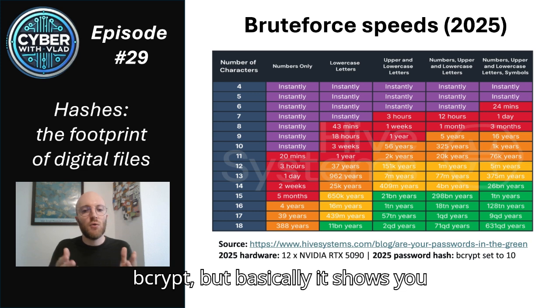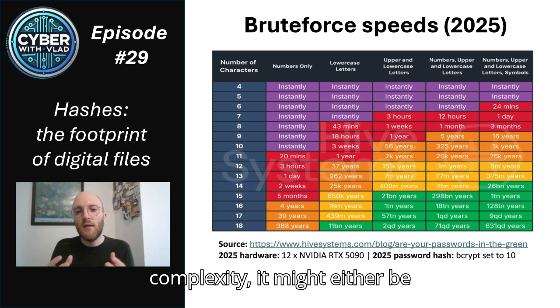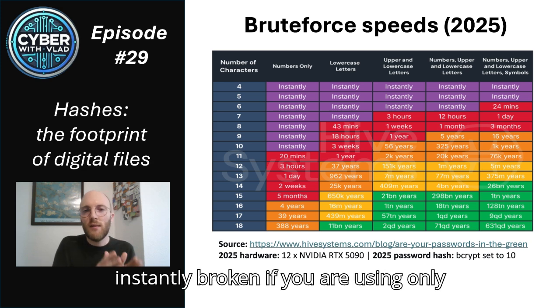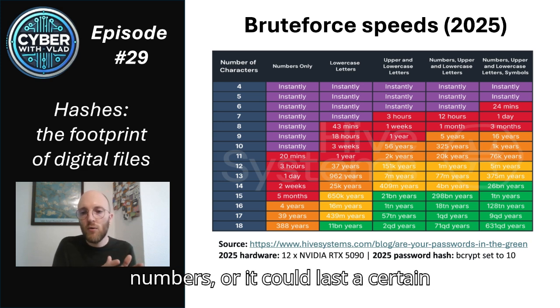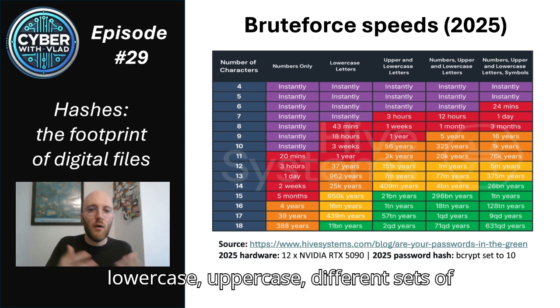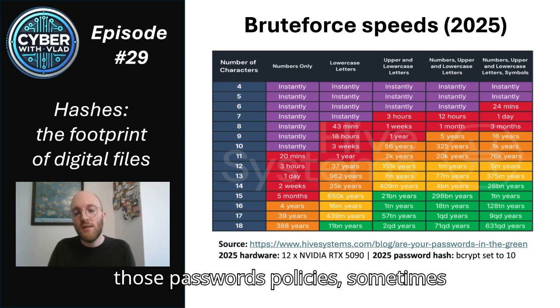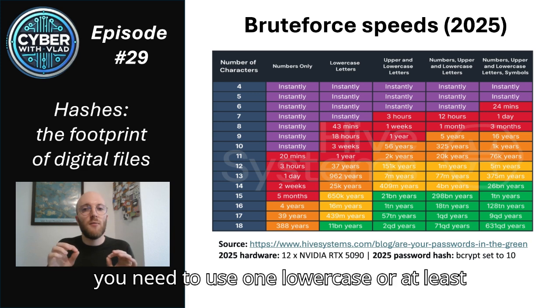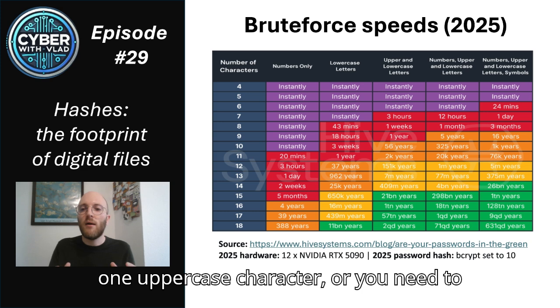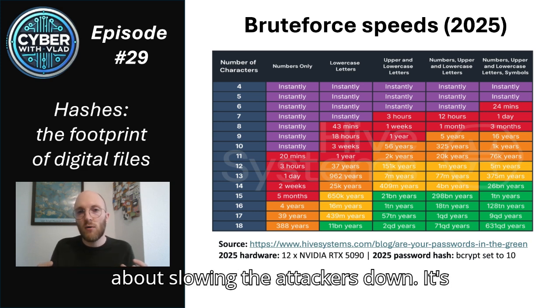But basically, it shows you that for 10 characters, depending on the complexity, it might either be instantly broken if you are using only numbers, or it could last a certain number of years if you are mixing lowercase, uppercase, different sets of characters, which is also why in password policies you sometimes need to use at least one lowercase or at least one uppercase character, or you need to mix some elements, because it's really about slowing the attackers down.